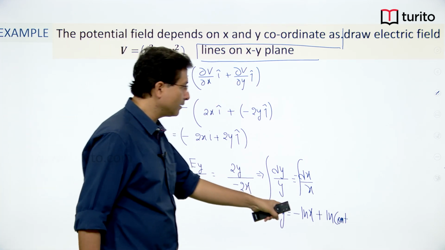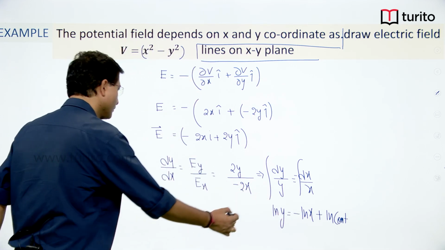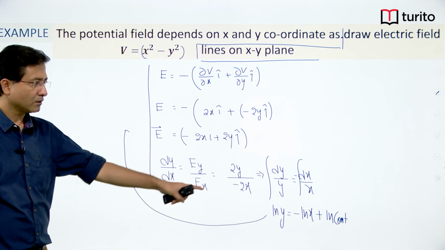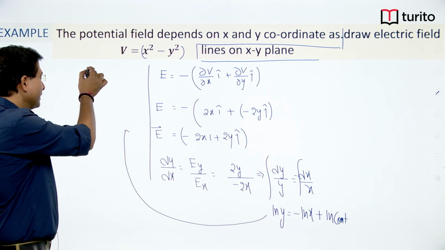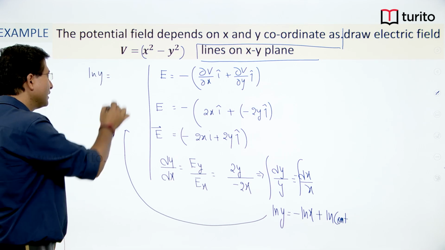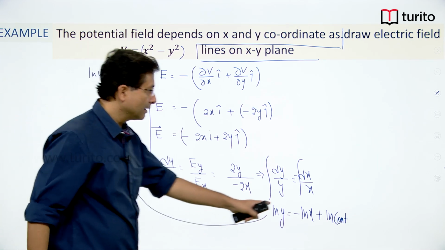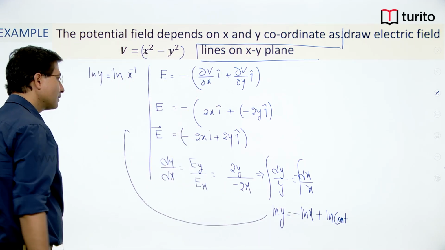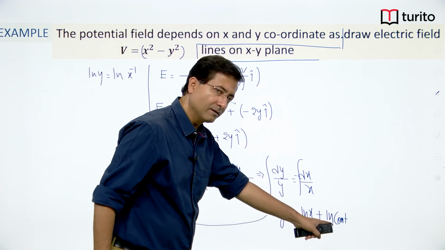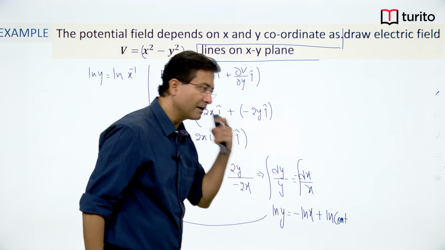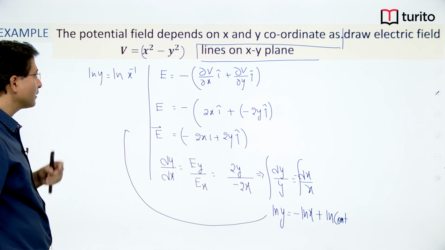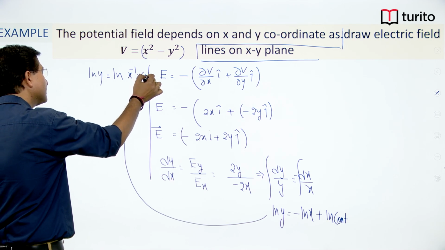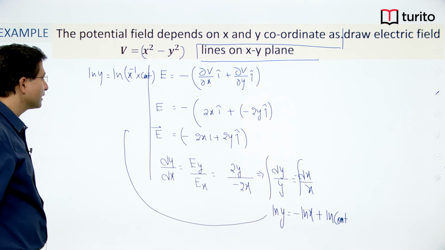I will take the power up: ln y is equal to ln x to the power minus 1, and this constant, right, the ln a plus ln b formula we can use, that will become ln a into b into some constant, right.